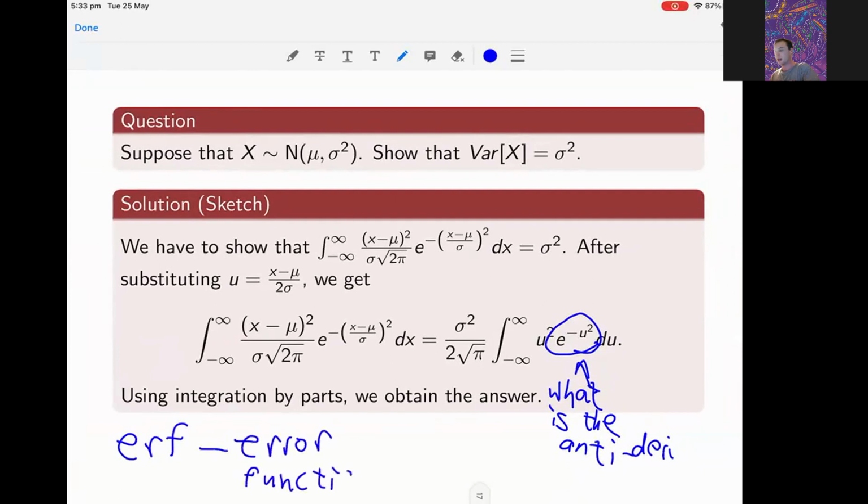So you can do this integration by parts, but the simplest way is by introducing even more notation. You introduce a new function, the error function, which is the antiderivative of this e to the minus u squared, and you proceed that way.